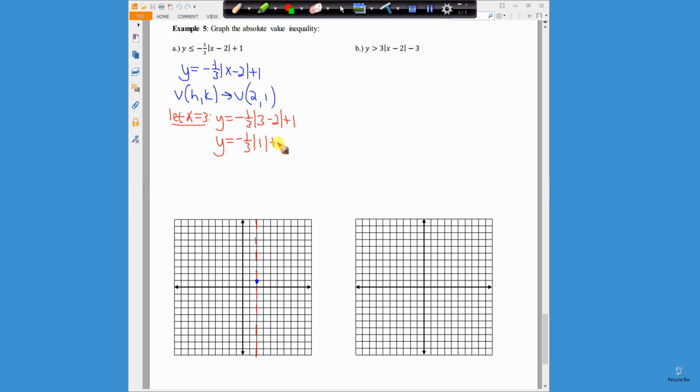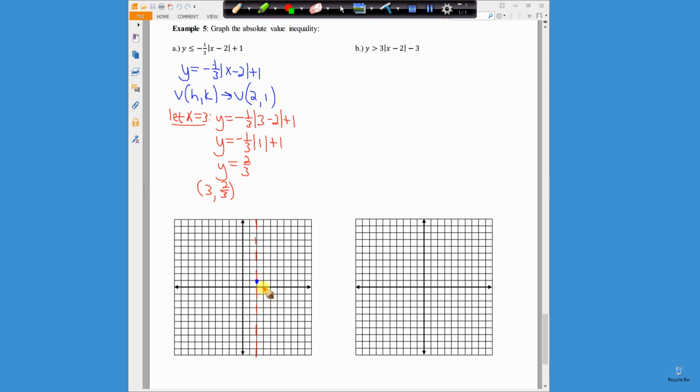This is the absolute value of 1, plus 1. So basically y equals -1/3 plus 1, and that would actually be 2/3. So my ordered pair is (3, 2/3). So that's another point on the absolute value function.